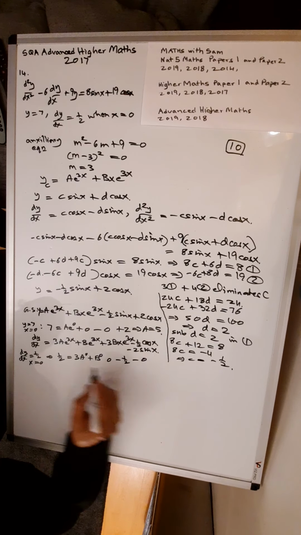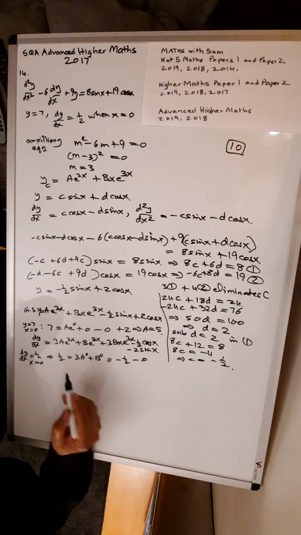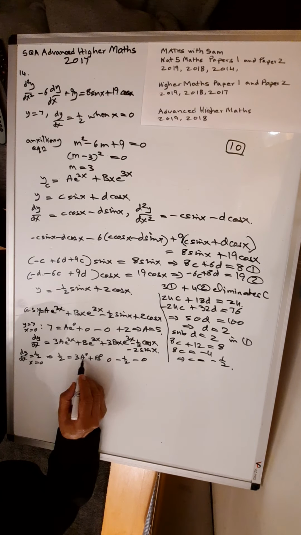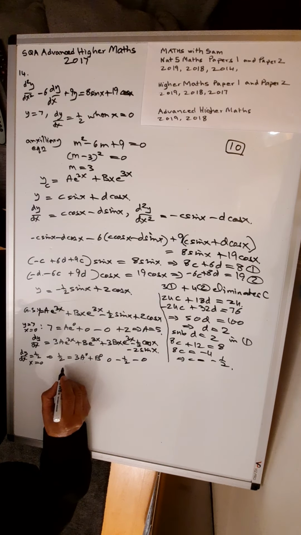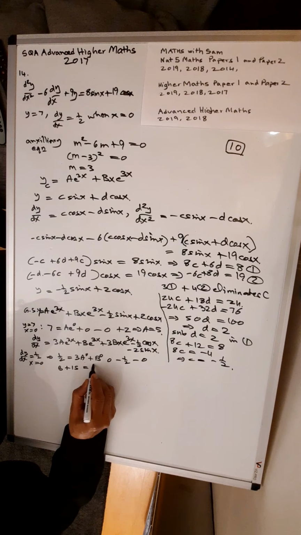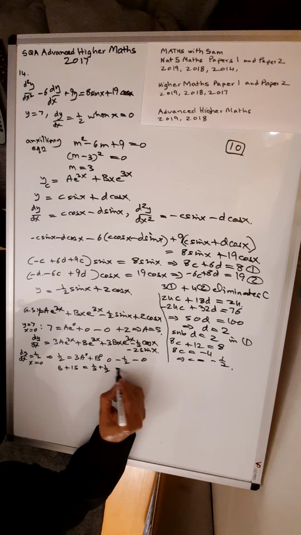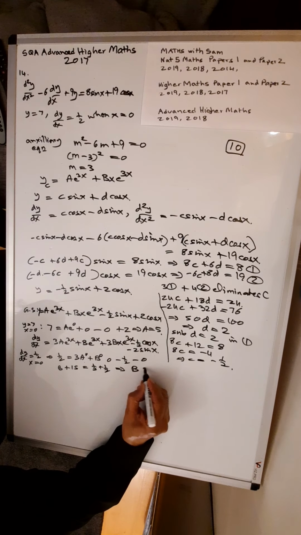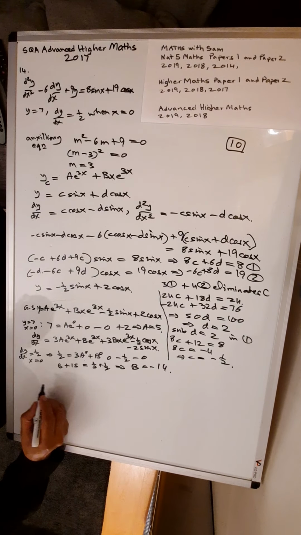So you already know that a you found to be 5, so this is going to be 15. So the half goes to the other side. So b plus 15 is equal to half plus a half, which is 1, which implies that b is minus 14. So now that's your full solution. So you got everything there.